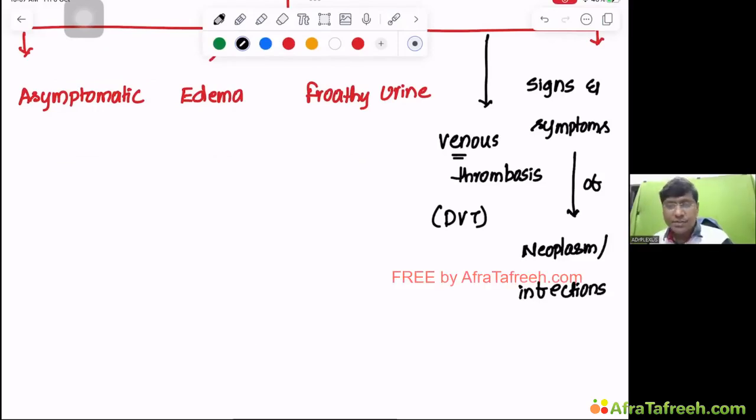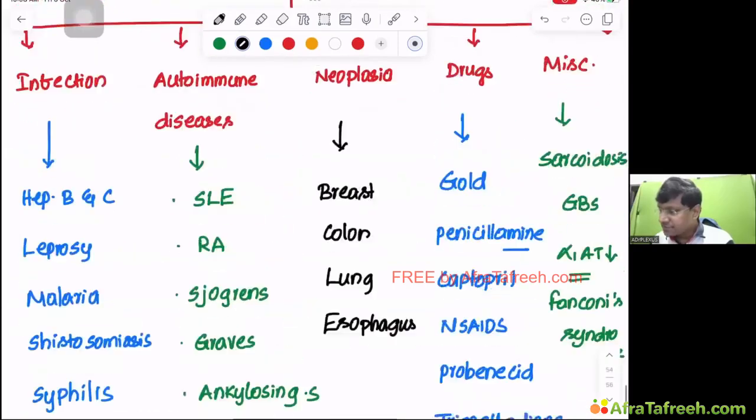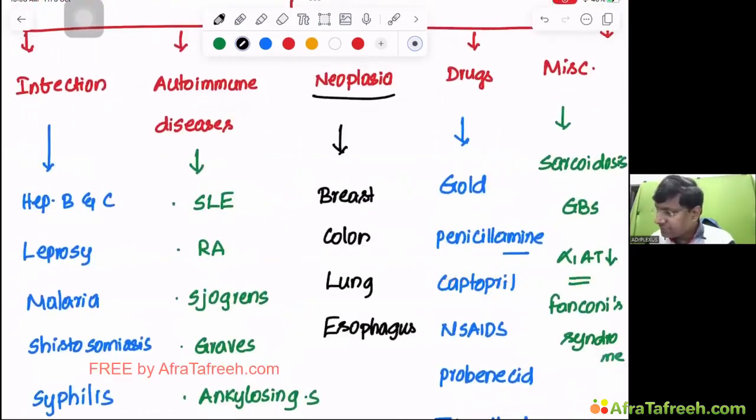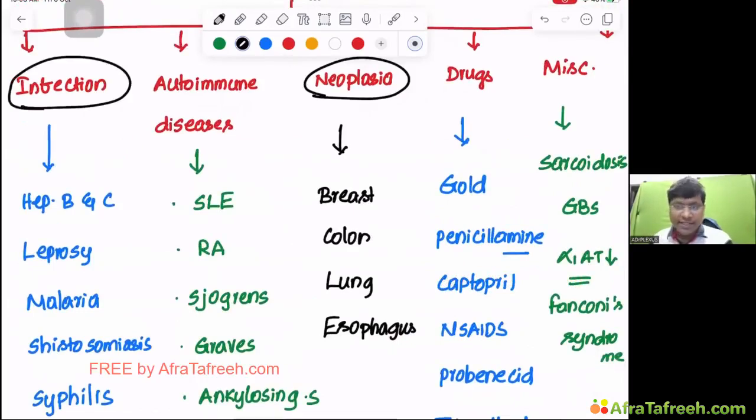Now you take neoplasms. What did I tell you? There can be carcinoma of lung, carcinoma of the stomach. We have discussed now. So they can have the features of either neoplasm or underlying infection, whichever is causing that secondary membranous glomerulonephritis.